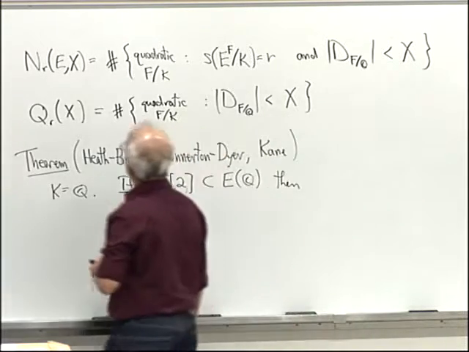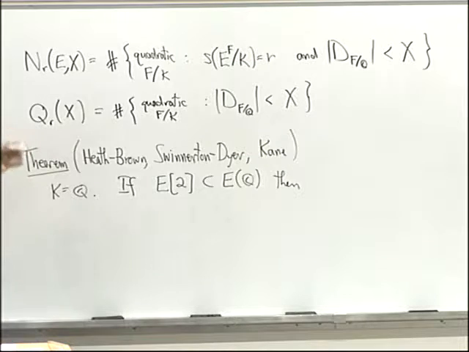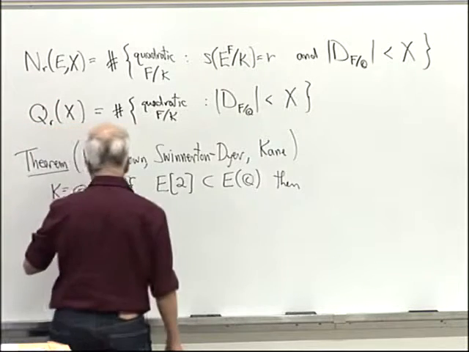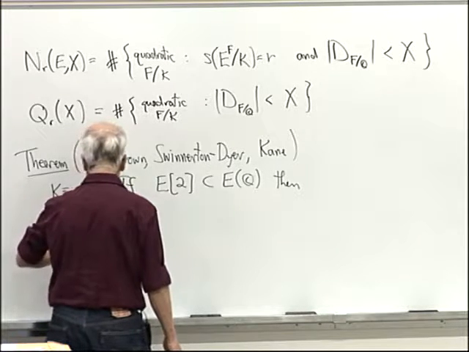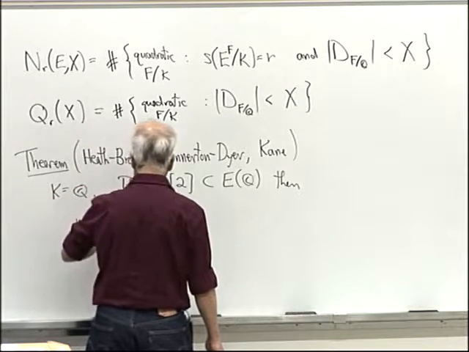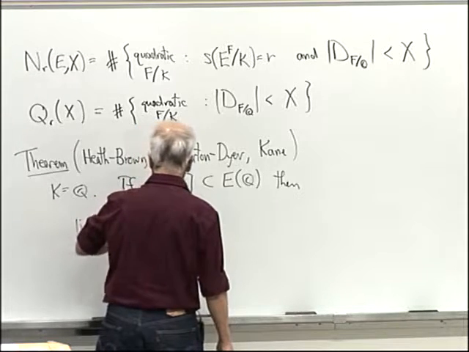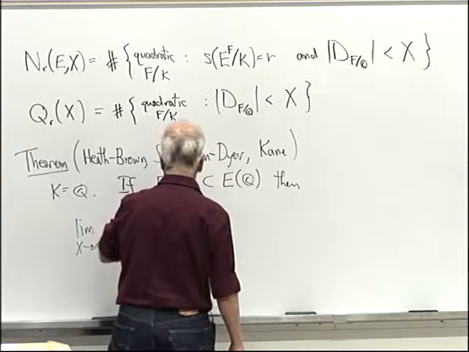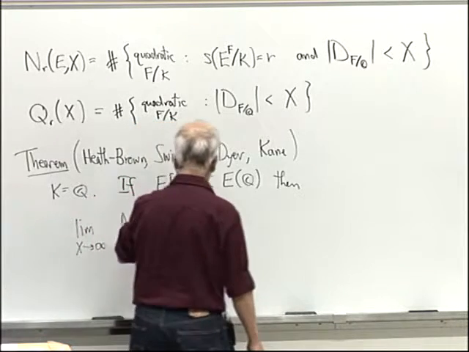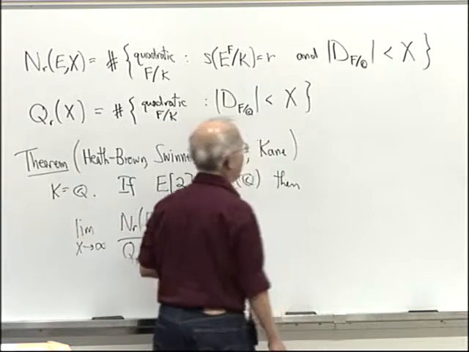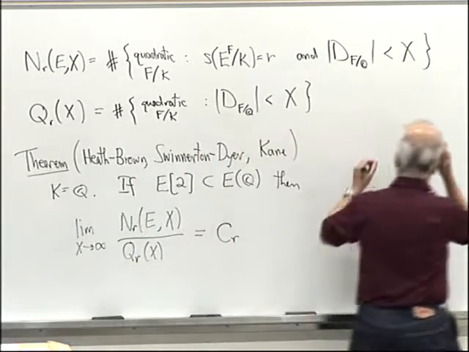then they compute the density of twists with Selmer rank r, namely the limit as x goes to infinity of the number of twists up to x with Selmer rank r, divided by the total number of twists up to x, is given by a constant C_r, which I can tell you.